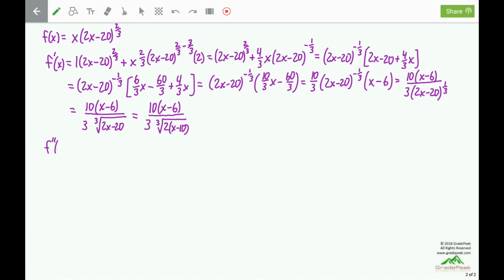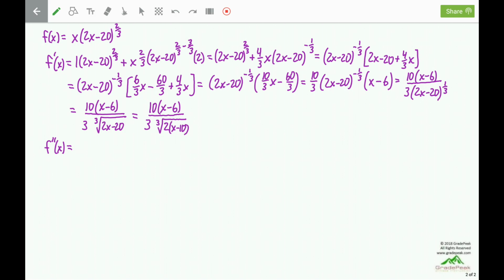F double prime of x equals. The best one to use for the second derivative will be this version of the first derivative, because it is a product rule. This one can also be used as well. Either way, it is a product rule.